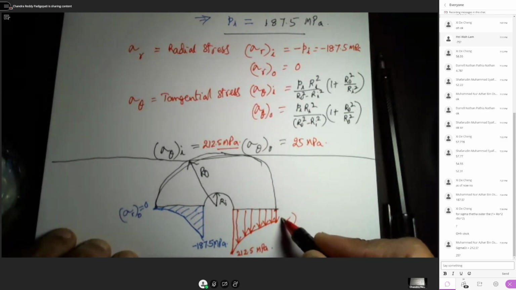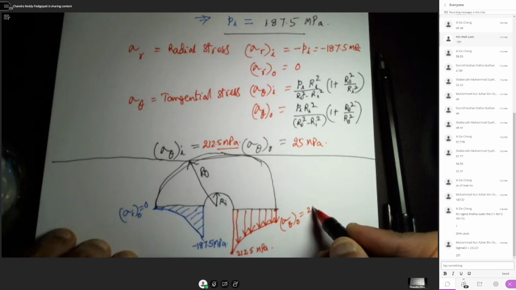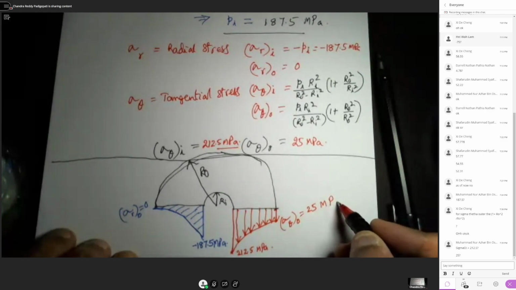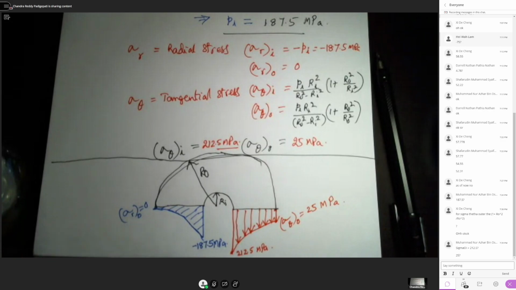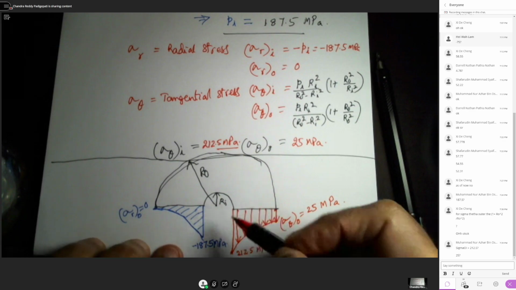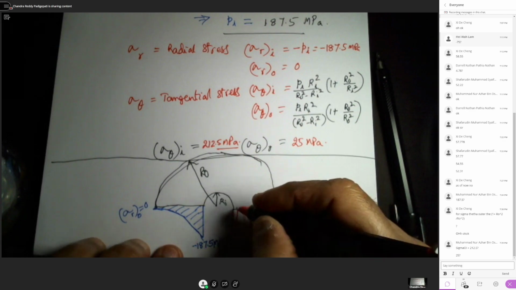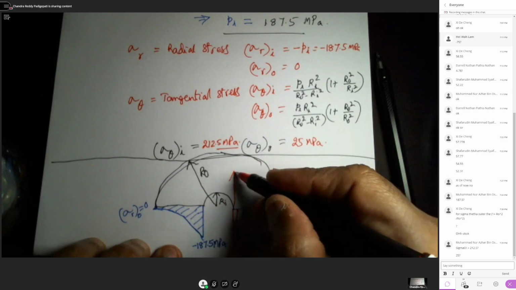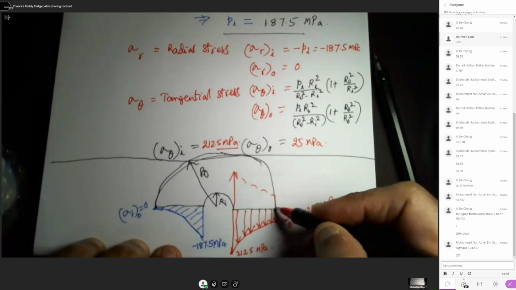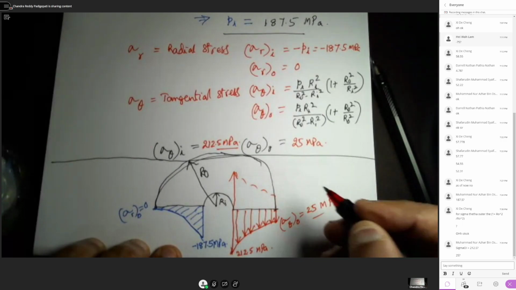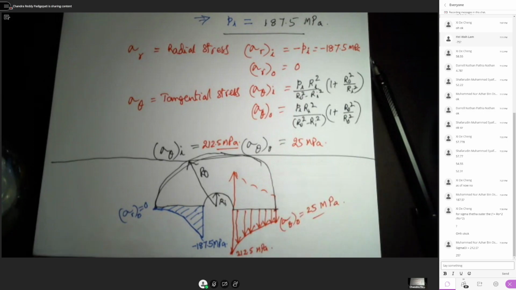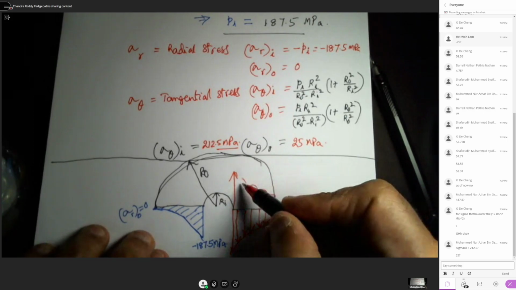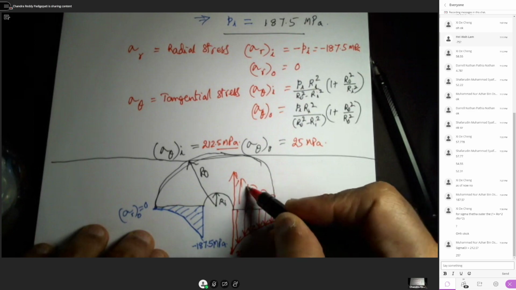You can show with a neat sketch something like this. If you want to show the arrows upwards also, it is okay. Some figures show upwards like this. The numerical values will be the same. Either way is all right.